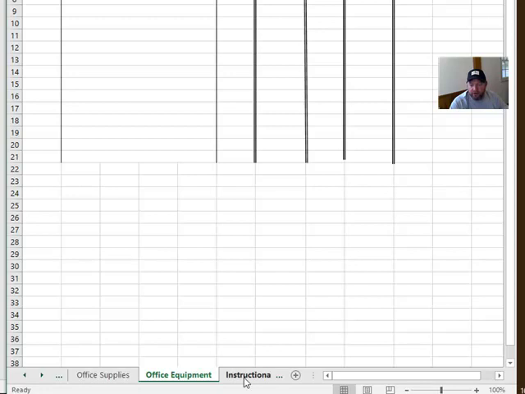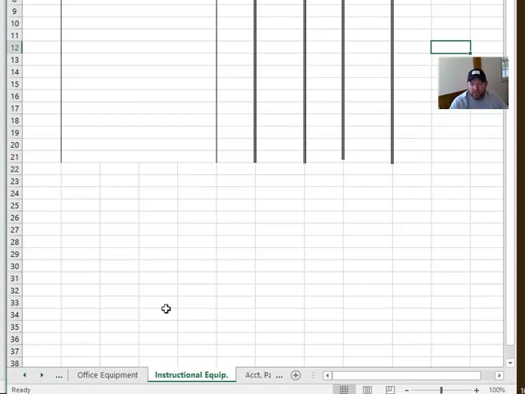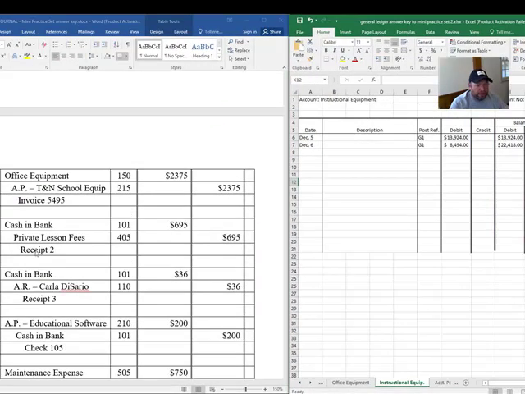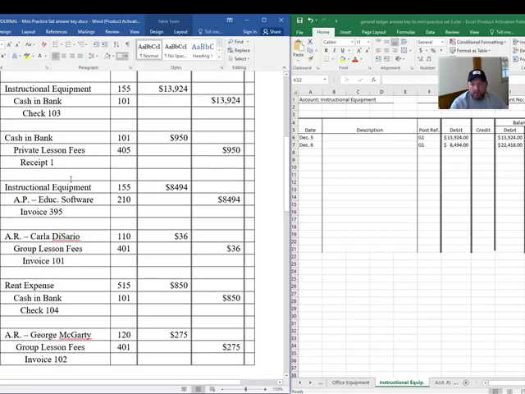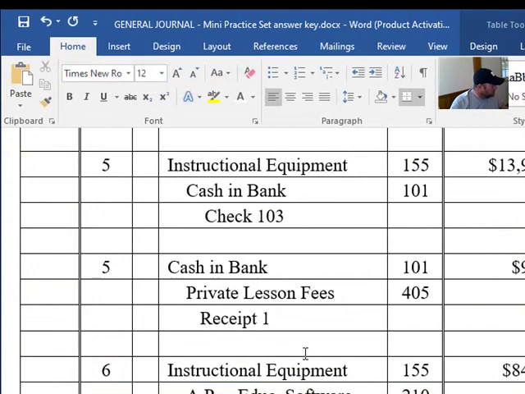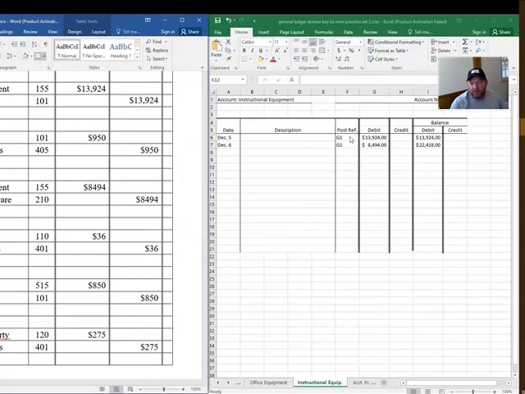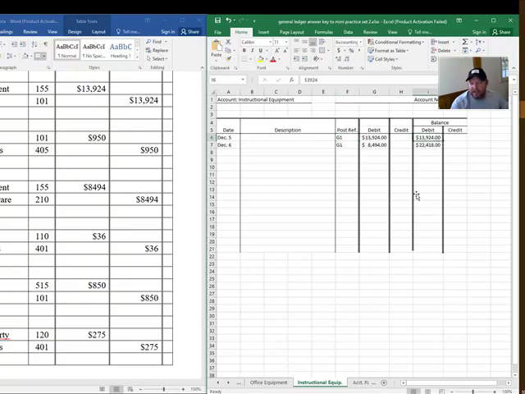Okay, let's move over to our next account, instructional equipment. We have two transactions affecting our instructional equipment. They are the 5th, right here, instructional equipment, account 155, for $13,924. That's coming from page 1 of my general journal. Instructional equipment is an asset account. Its normal balance is the debit, so I write the balance of $13,924.